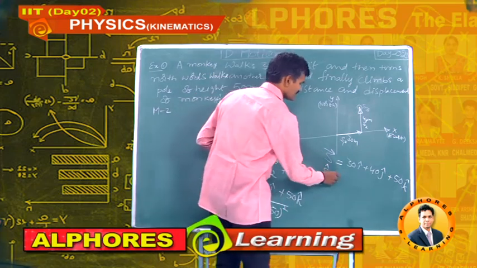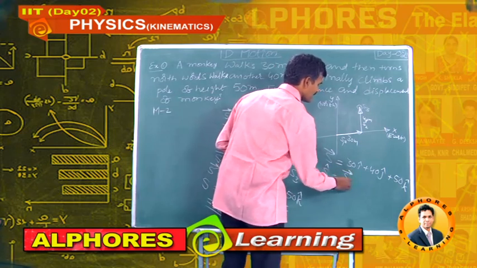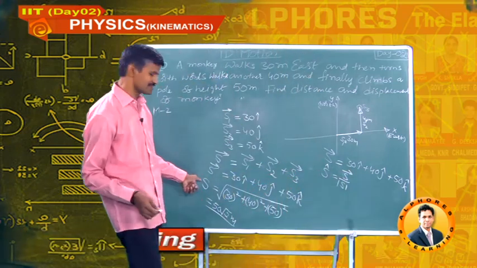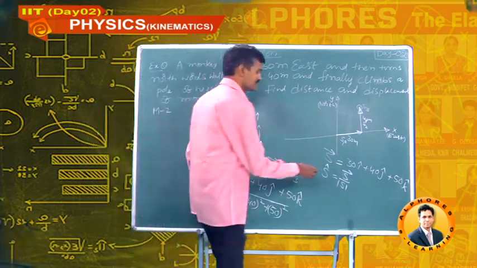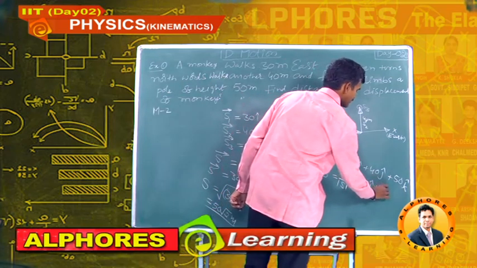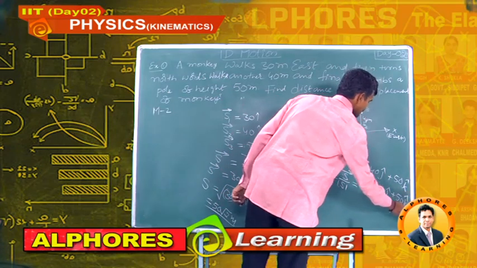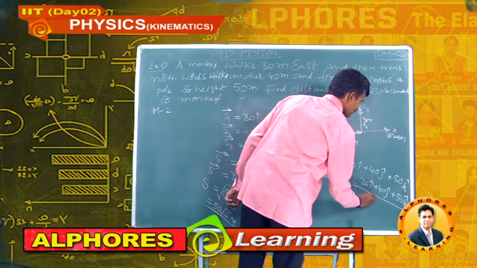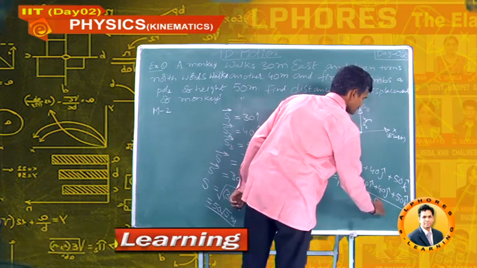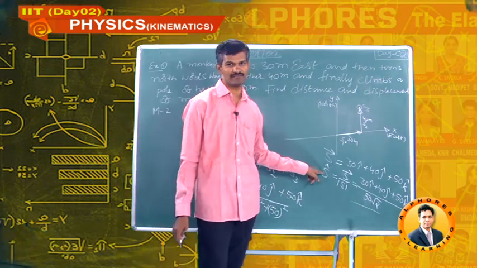S cap is S bar by mod S. We already calculated mod S, which is 50 root 2. So this can be written as 30 i cap plus 40 j cap plus 50 k cap by 50 root 2. This is the direction of the displacement vector.